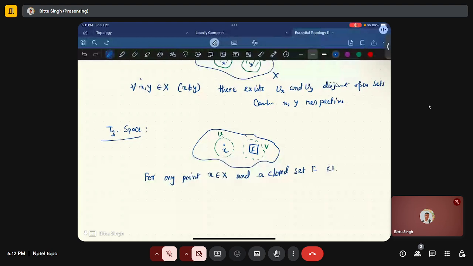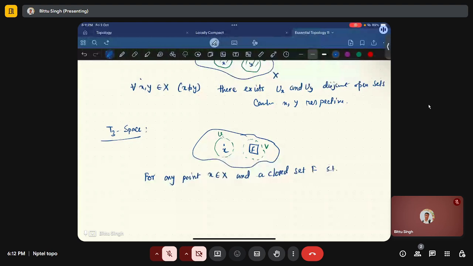So instead of considering two points, we are now considering a point and a closed set.